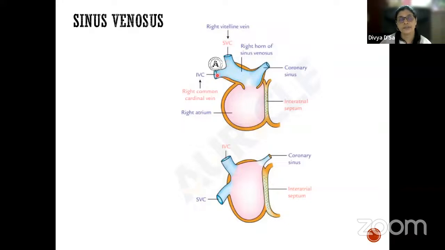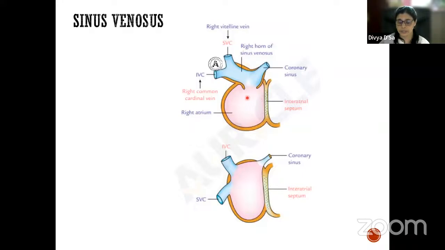The inferior vena cava forms from the right common cardinal vein. So this is how the different blood vessels which open in the posterior wall of the right atrium are formed. Now this is the primitive right atrium.